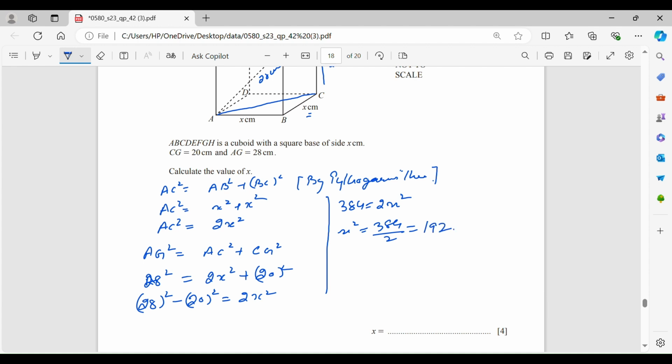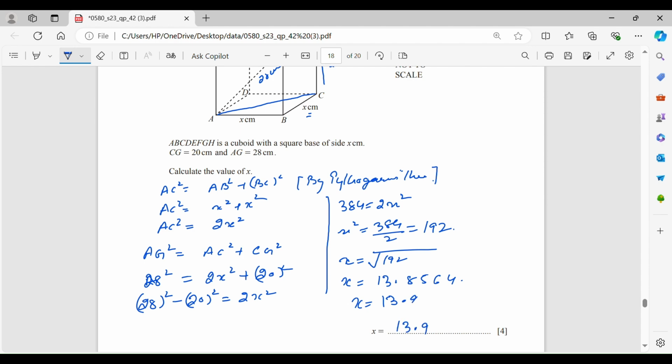So x will be equal to root of 192, which is 13.8564. So x will be equal to 13.9. So our answer is 13.9.